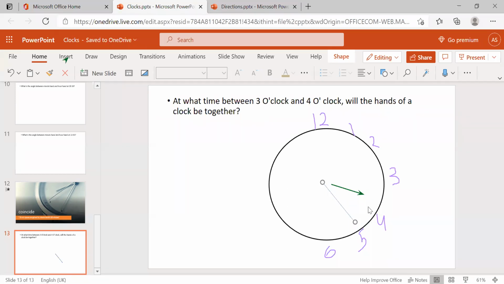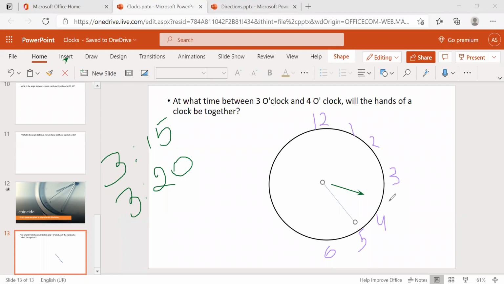So before 4 only, it is going to coincide with this. So that time should be between 3:15 and 3:20. Is it clear? First, just common sense, I'm saying. It will overlap or coincide in between this only.